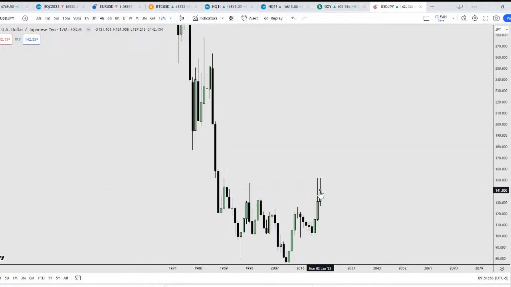Okay, if we close above this breaker, a closing price above this breaker would be enough to justify higher prices, and we can reach into this swing high here with this CB. And because this area here is the fair value gap that took out this low, okay, this is a higher probability fair value gap.